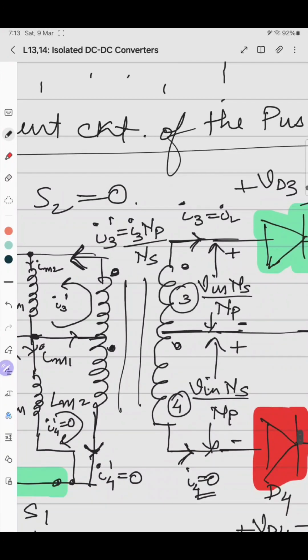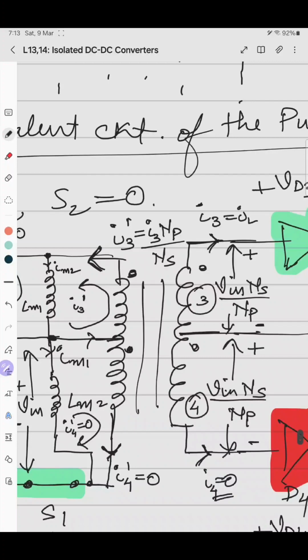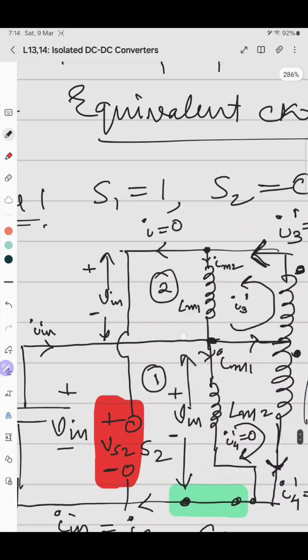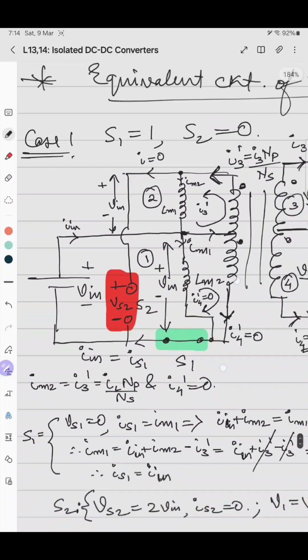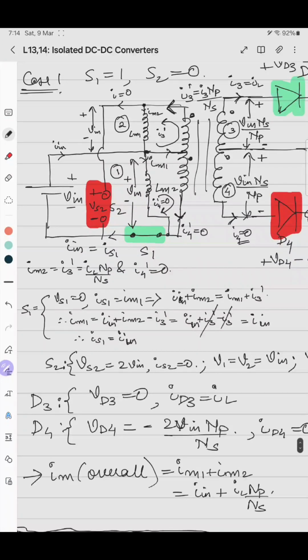Similarly, across 3 is Vin into Ns by Np with the dot polarity. Here dot is positive, so here also dots are positive. Similarly, the same Vin is induced across the above primary winding, that is winding number 2. So that's why the voltage across the switch VS2 when the switch is open is Vin plus Vin, that is 2 Vin. And as S1 is on, voltage across S1 is 0.